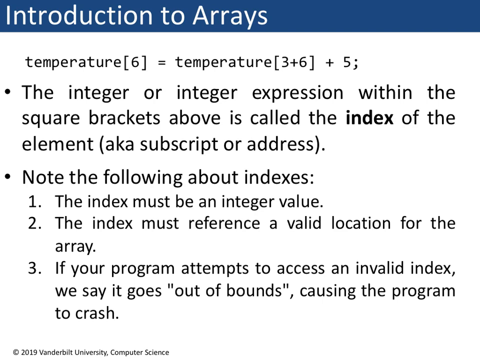Same thing here. Our index must reference a valid location in the array. When we declared our temperature array, we gave it 7 locations, which means the maximum index is 6. If we attempted to access index 7, we would get a runtime error.